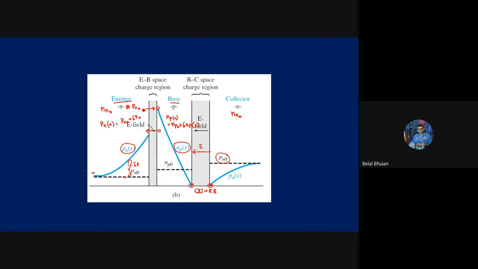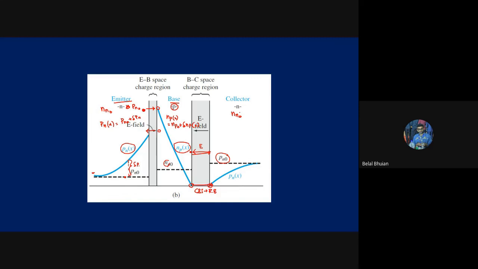This electric field is going to act like that: it is going to attract the electron. On the edge there are electrons; we are talking about the P side, the base, where the excess minority carrier is electron. As soon as they find themselves under the influence of the electric field, they will be drifted across the depletion region. That means they will go from here to there.